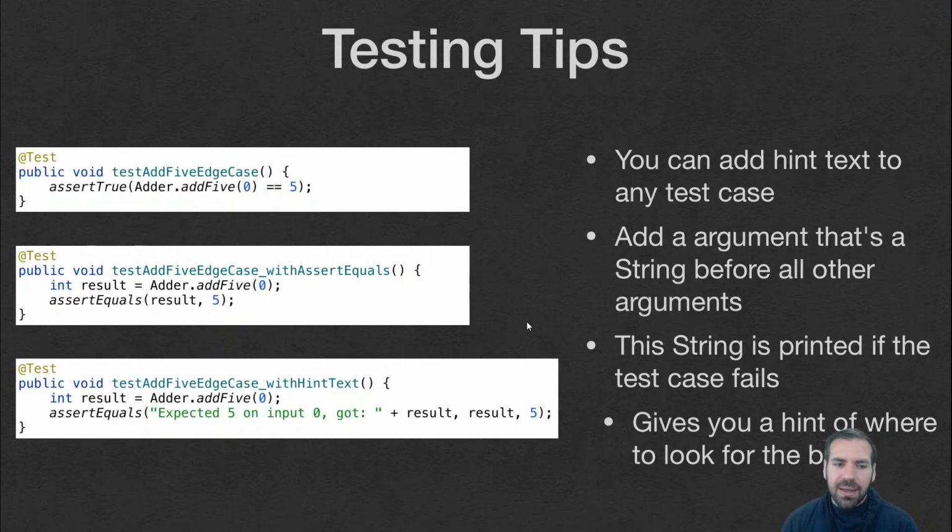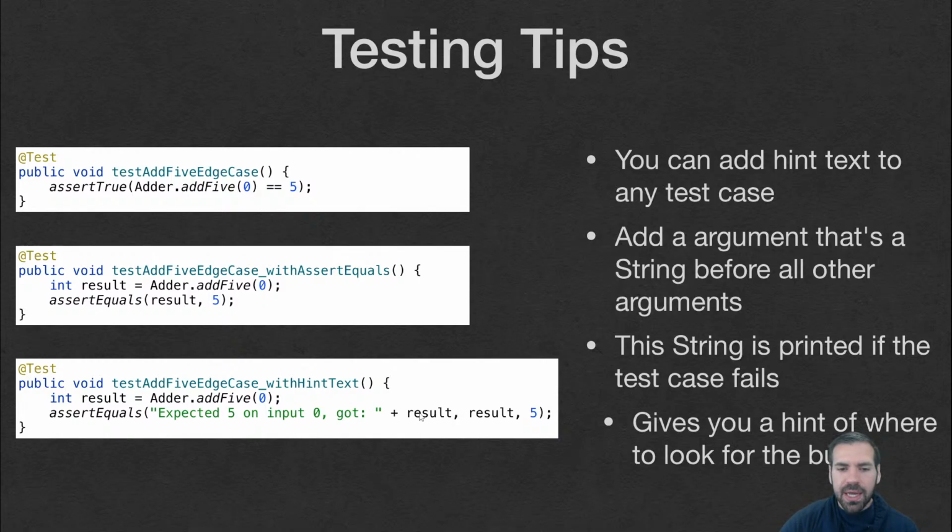And then you can have hint text. Whether you're using assert equals or assert true, or there's all kinds of other ones, assert null, assert not null, assert false, I think assert not equals is one, I don't remember, but there's all kinds of them, for any one of them you can add another argument that's a string as the first argument.